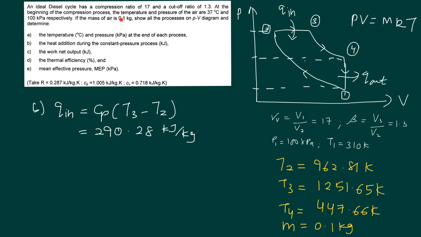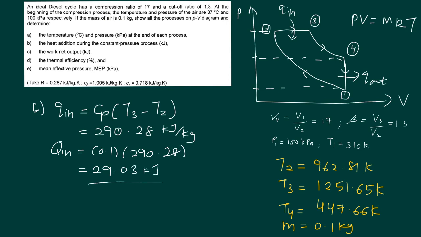And the mass is already given, which is 0.1. So your Q in is actually 0.1 times 290.28. So finally you will get 29.03 kilojoule.